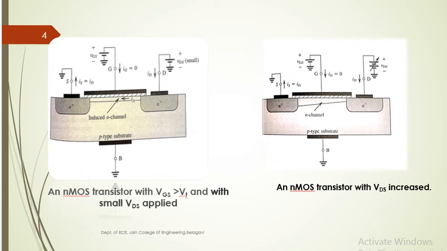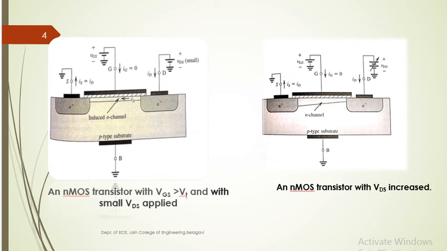Because of that, charge carriers move towards the drain. In this channel, charge carriers are electrons. So conventional current direction we show opposite to the electron movement, that is from drain to source. We say that current is flowing from drain to source, but actual charge carriers are moving from source to drain.